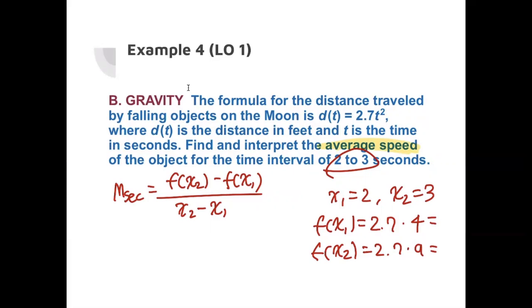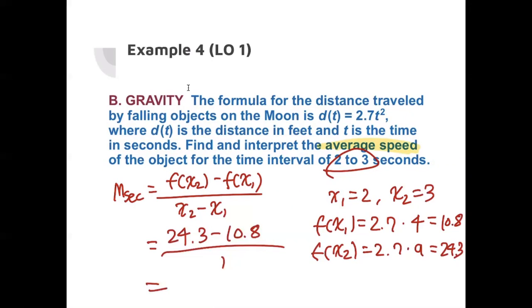If you do the calculation on paper, you would get 10.8 and then 24.3. So it's going to be 24.3 minus 10.8 over 1, because 3 minus 2 is 1. And then you will be getting 13.5. We're going to keep the unit as well. So the answer would be 13.5 feet per second.